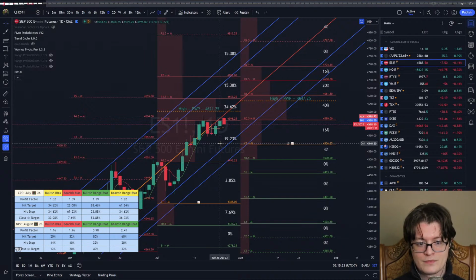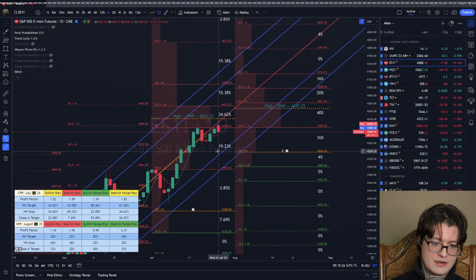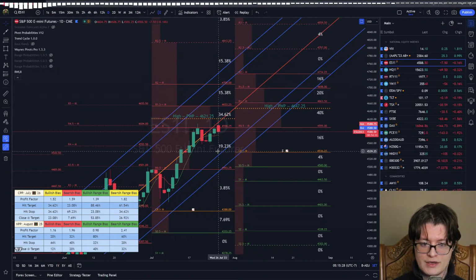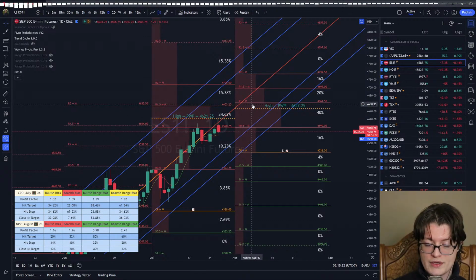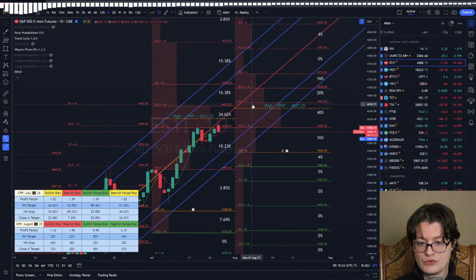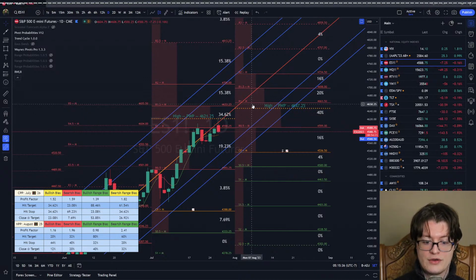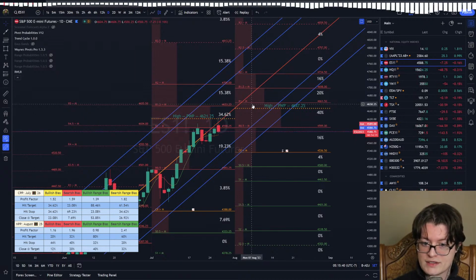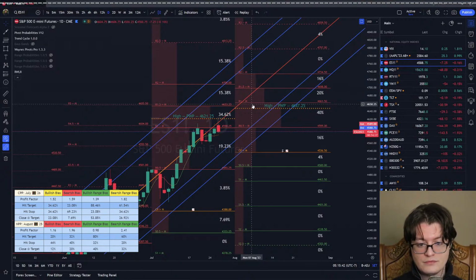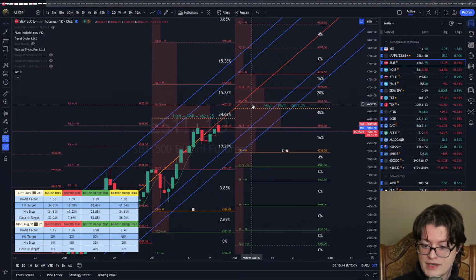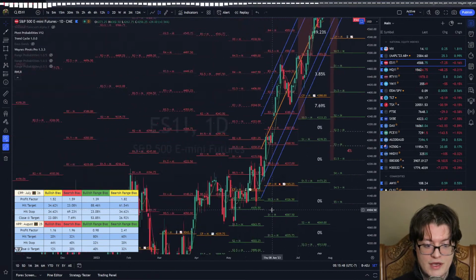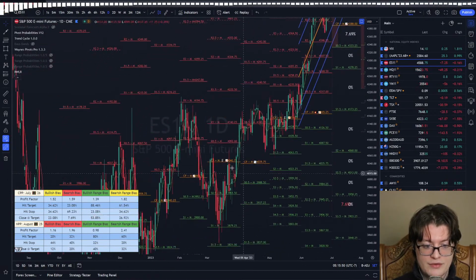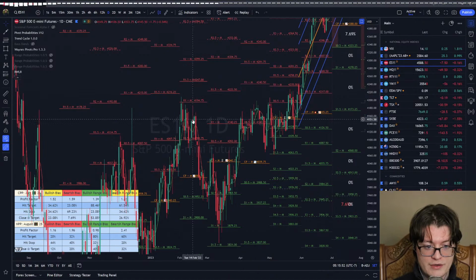I wouldn't say that there's a great short right now, but get into the end of the first week, beginning of the second week of August, around the 4,600 handle, I could absolutely see some good shorting opportunities for the month. It might be the first down month since February.